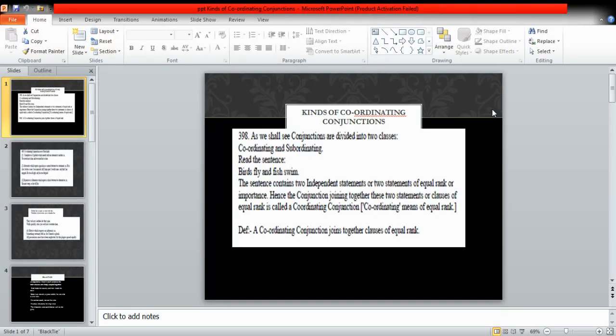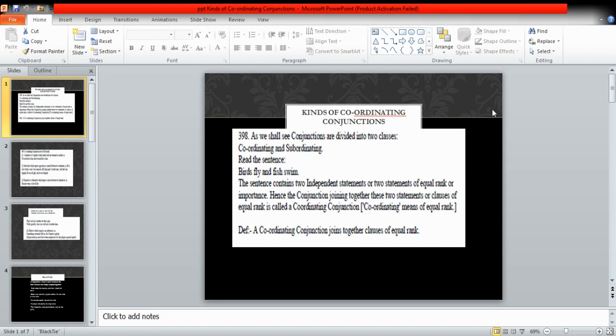Now, if we read the sentence, birds fly and fish swim. The sentence contains two independent clauses, two statements of equal rank or importance. Hence, the conjunction joining together these two statements or clauses of equal rank is called a coordinating conjunction. So, what does it mean, equal rank?